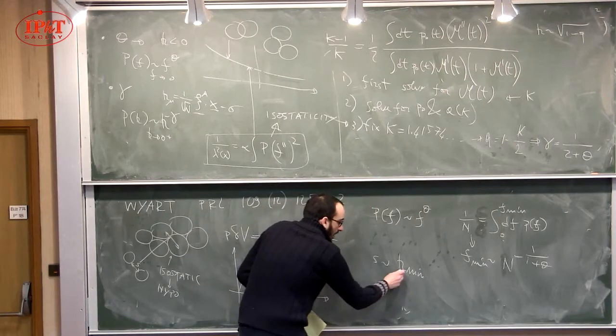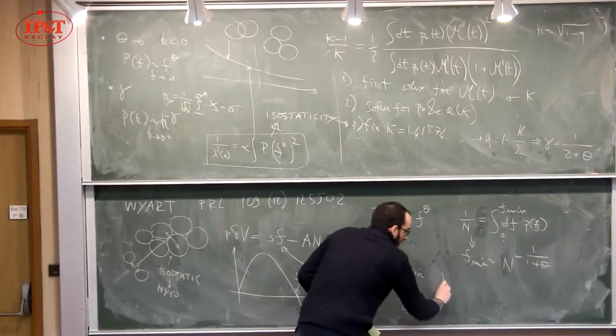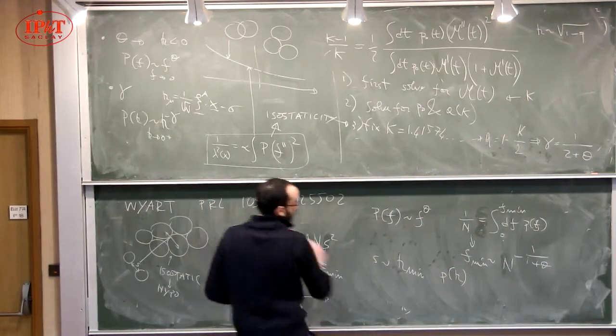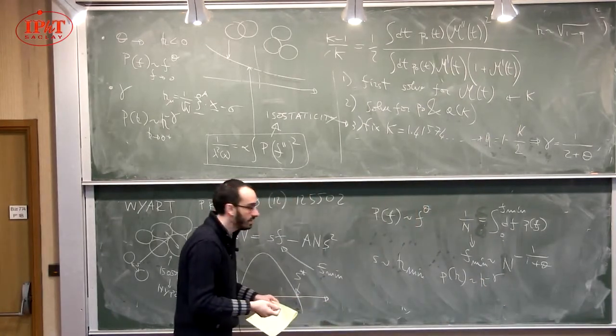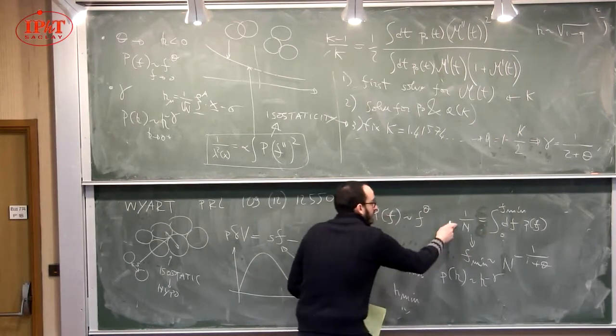So how does this behave with N? It's simple, because we assume that the P of H, again, is like here. So it's H to the minus gamma with another critical exponent. And H min, you do exactly the same thing.